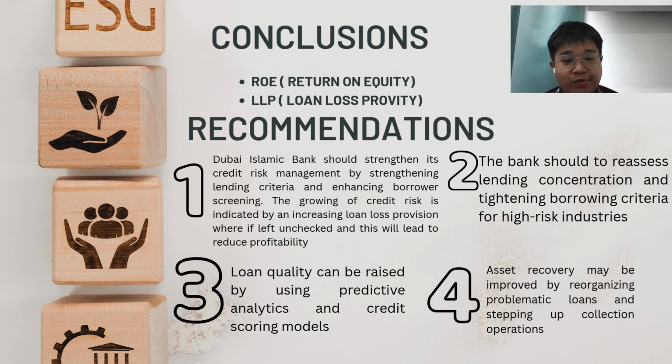The growing credit risk is indicated by an increasing loan loss provision which, left unchecked, will lead to reduced profitability. Next, the bank should reassess lending concentration and tighten borrowing criteria for high-risk industries. Third, loan quality can be raised by using predictive analysis and credit scoring models. Fourth, asset recovery may be improved by reorganizing problematic loans and stepping up collection operations.